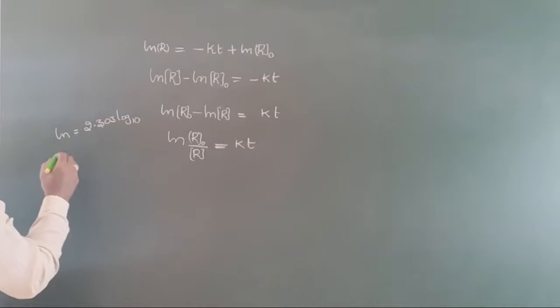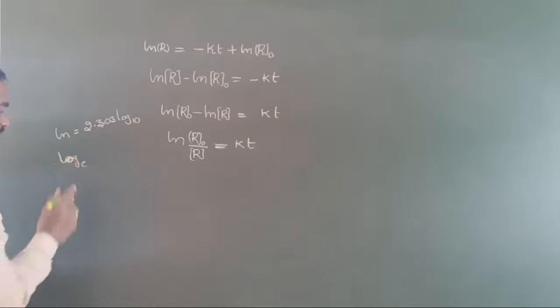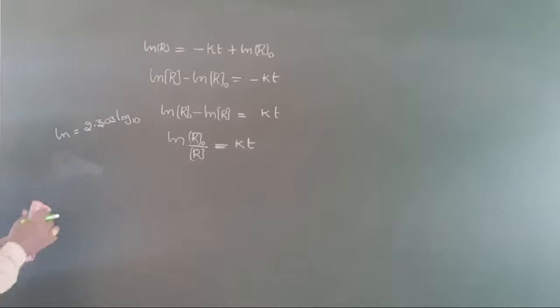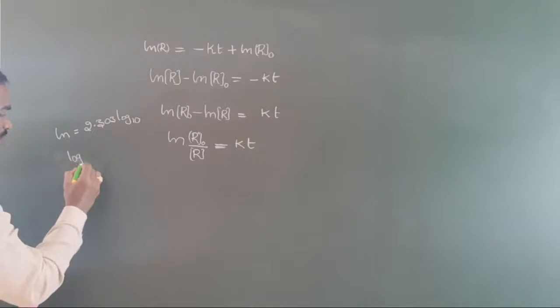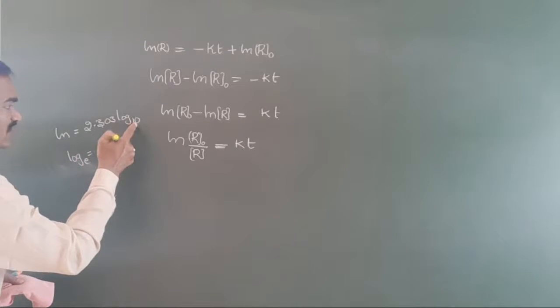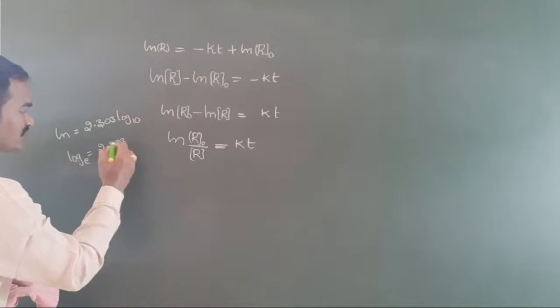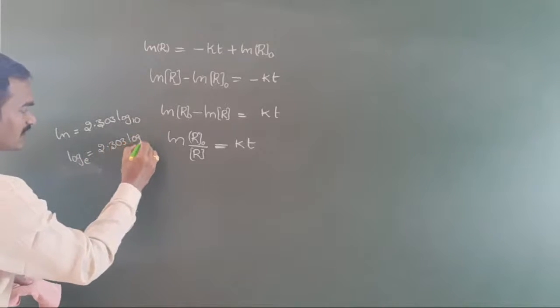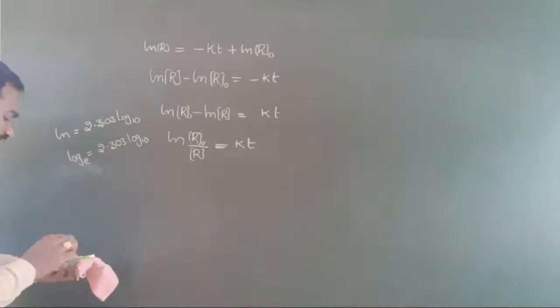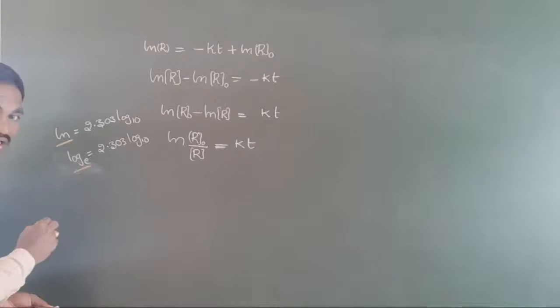You all know very well that ln means log base e. Now this log base e we are converting into log base 10. Both are the same, so they are represented with ln, and you can also represent with log e.